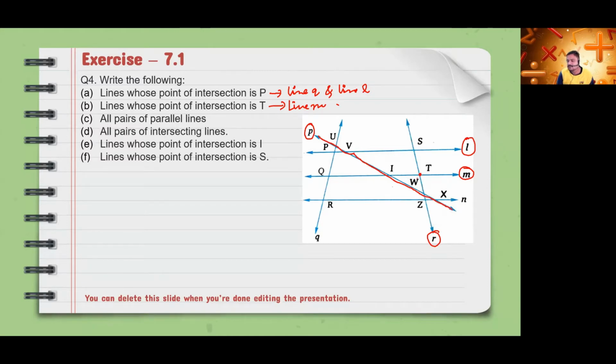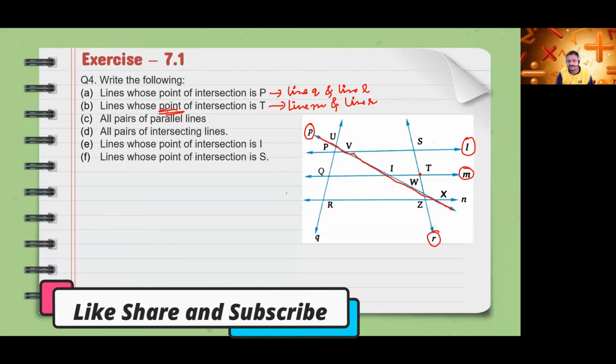It is not passing through point T. See here it is given point in the question. Point T से पास होना चाहिए. So line M and line R are the two lines which are passing through this point. Okay, next one.